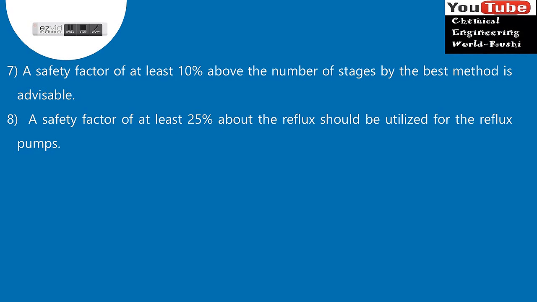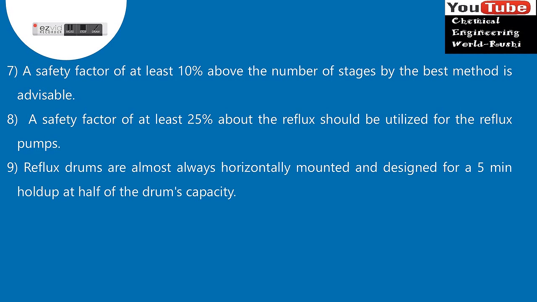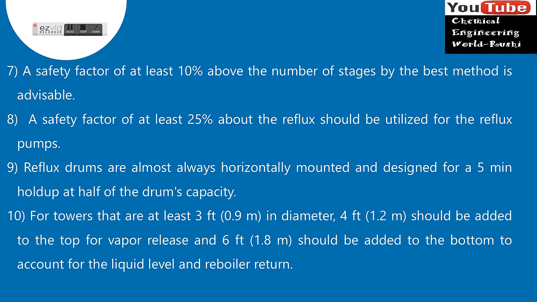A safety factor of at least 25% above the reflux should be utilized for the reflux pumps. 9. Reflux drums are almost always horizontally mounted and designed for a 5 minutes hold up at half of the drum's capacity.